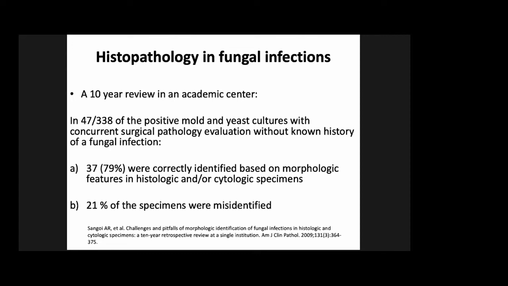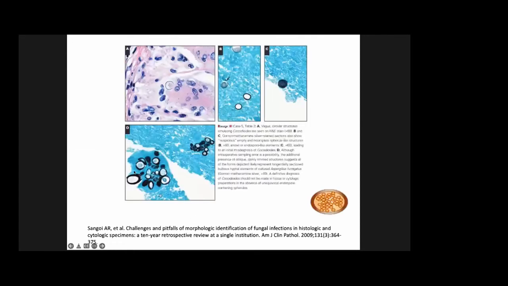Something that they noticed was that 21% of the specimens were misidentified. So why does this happen? For example, let's say that you see these fungi in the lung here. In this article, they described this as a spherule. On your lower right side, you can see the spherule, and this is usually seen with Coccidioides infections. However, when they did the fungal culture, they noticed that this was growing Aspergillus.